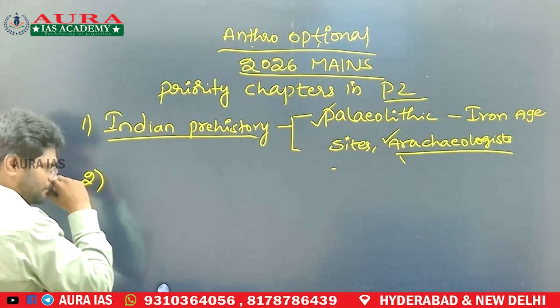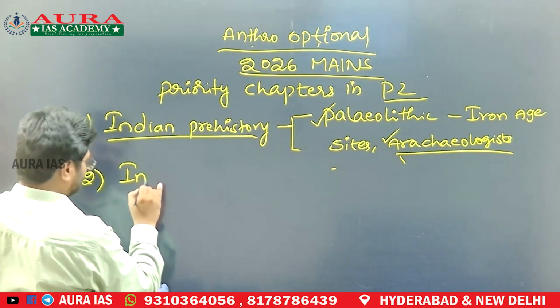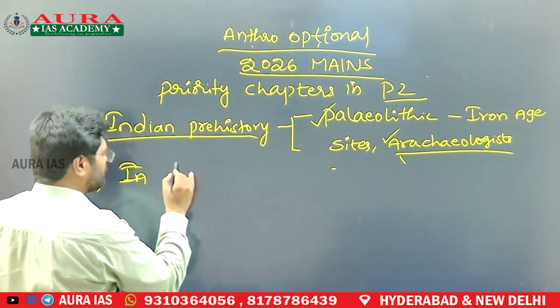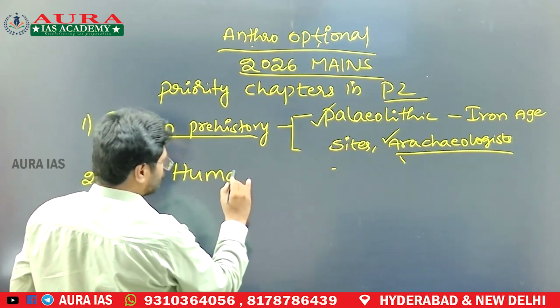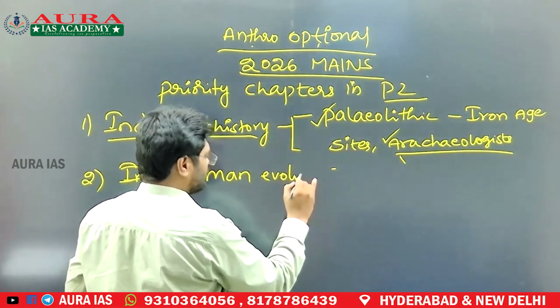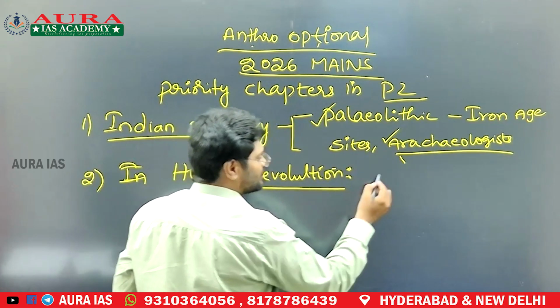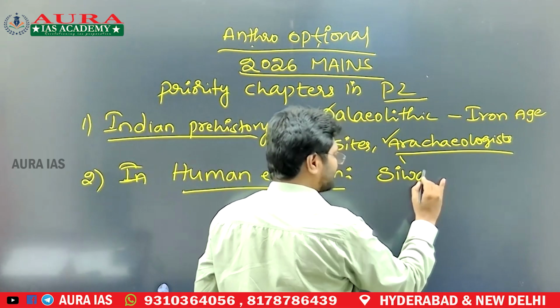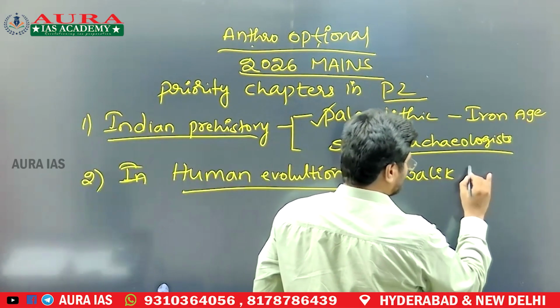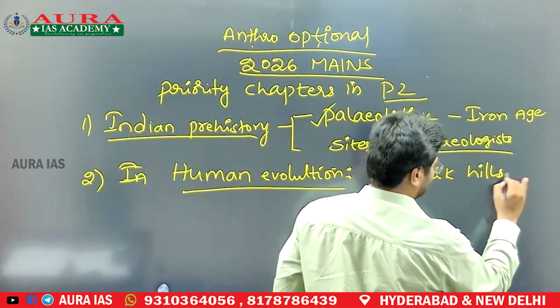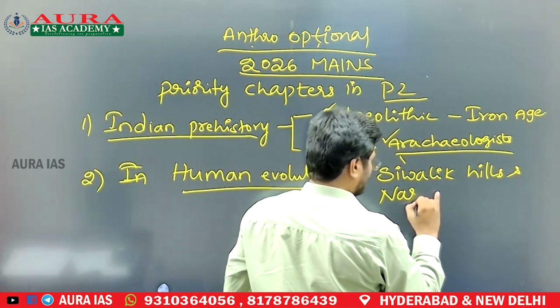The second one is Indian society and civilization. Here you can take the human evolution part: paleo evidences of human evolution, specifically from Shivalik Hills and Narmada Valley.